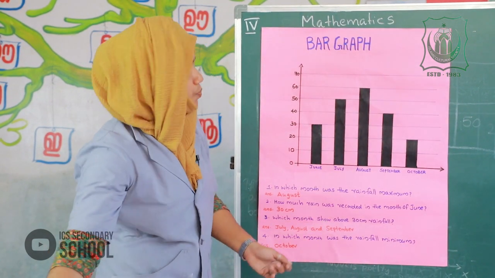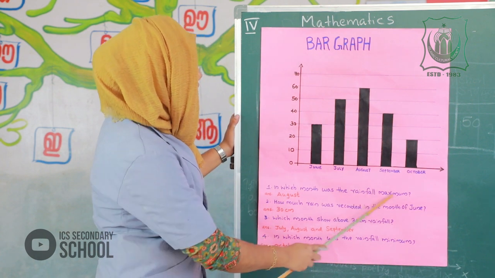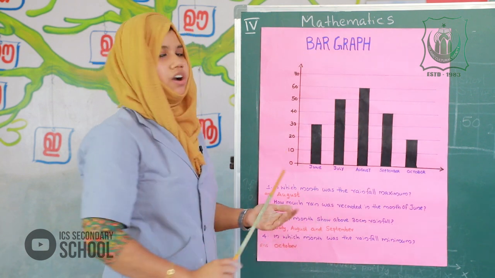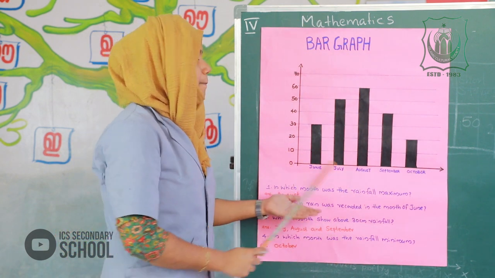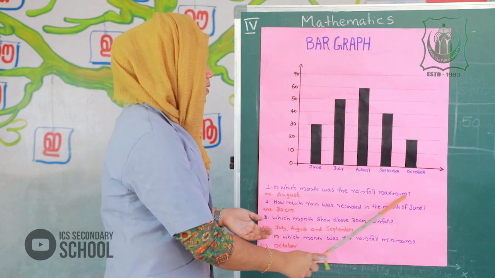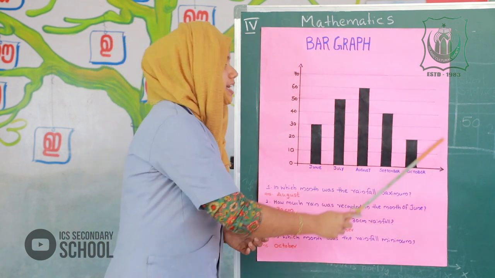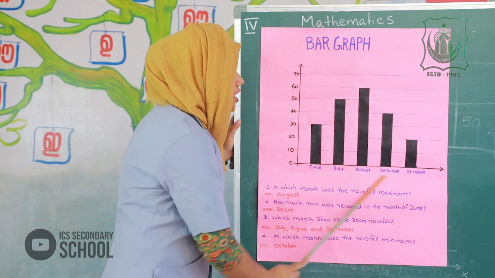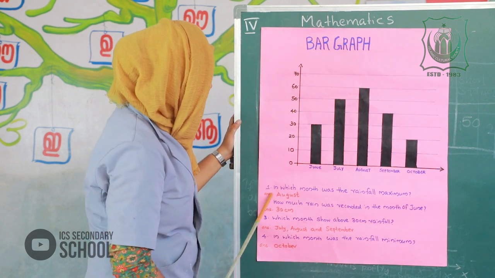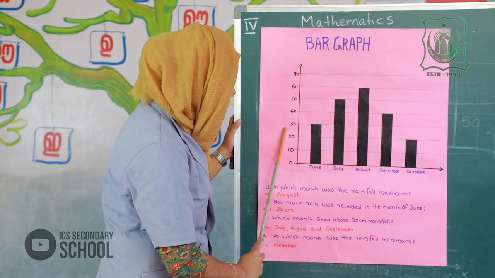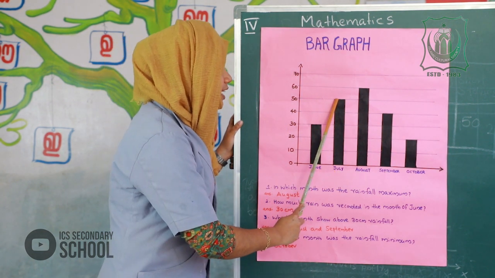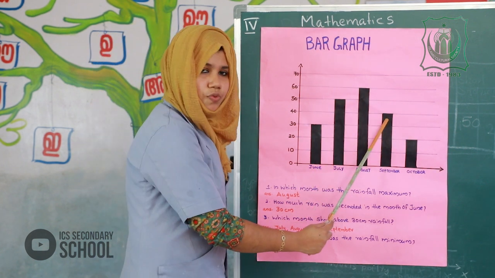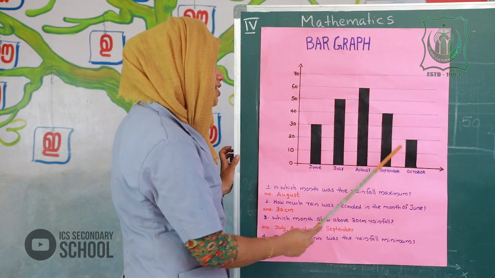Here the first one is the rainfall, a bar graph about the rainfall in each month. Based on that bar graph, we have to answer some questions. June it is 30, July 50 centimeter, August it is 60, September it is 40 and October it is 20.